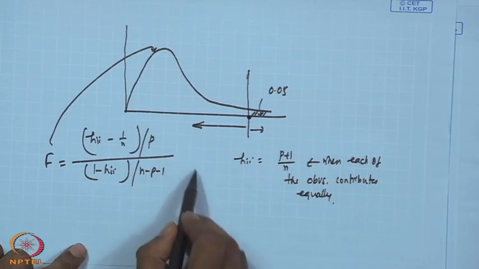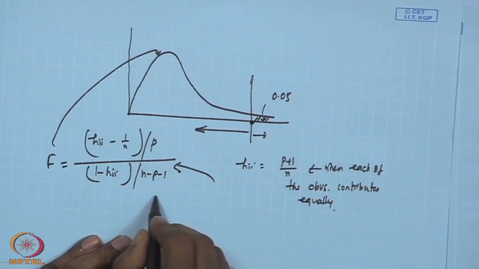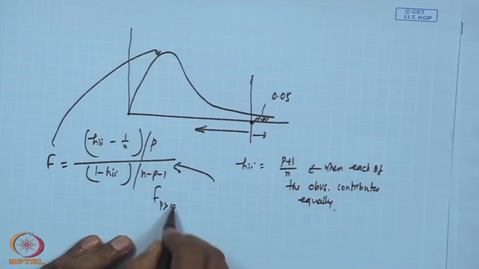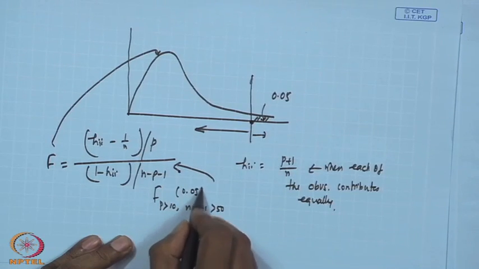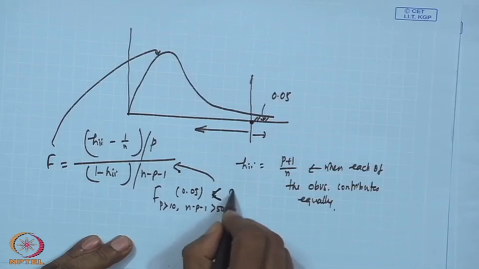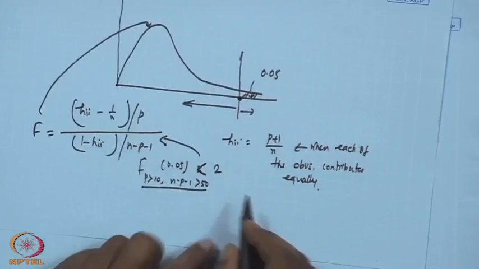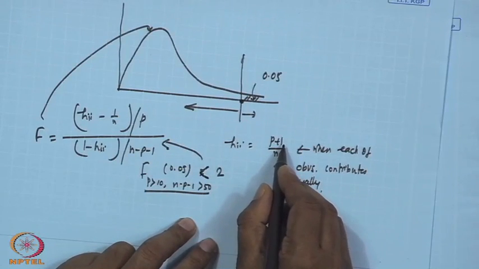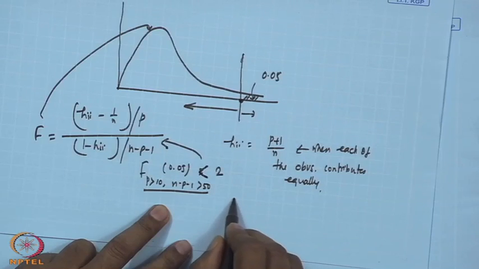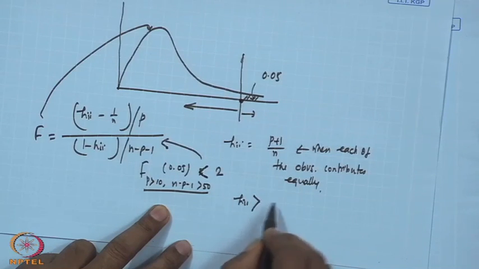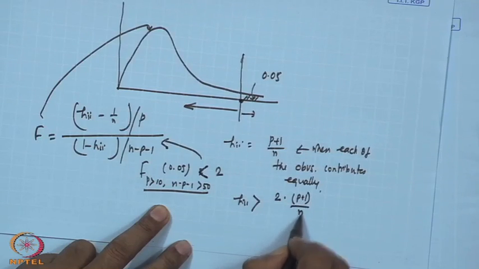So, from this distribution, for p greater than 10 and n minus p minus 1 greater than 50, if we take alpha equal to this point, the value will always be less than 2 irrespective of any other p when this condition is satisfied. That is why they say you multiply this by 2, so Hii greater than 2 into (p plus 1) by n.